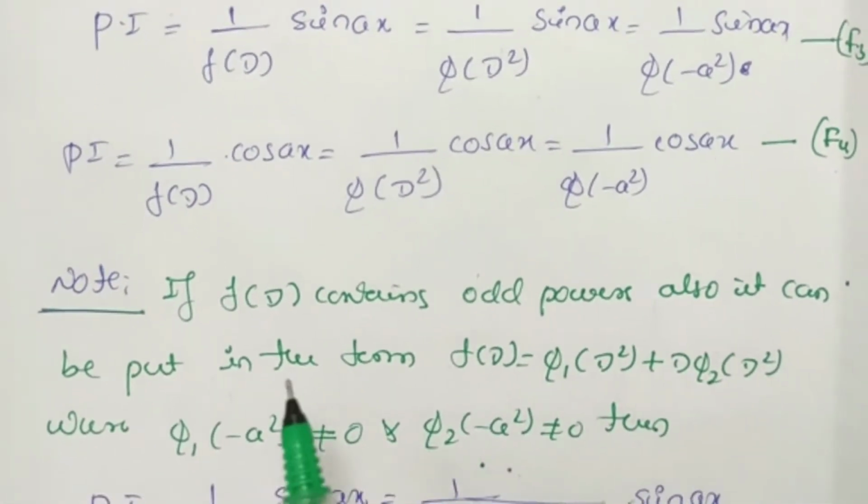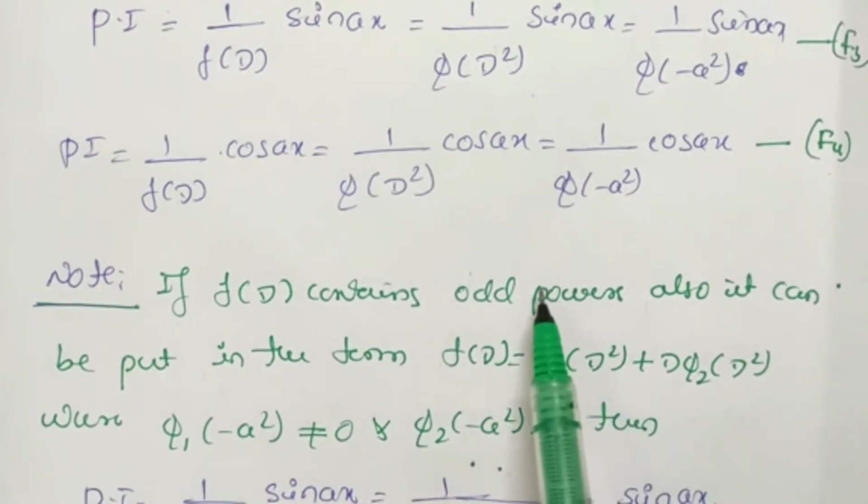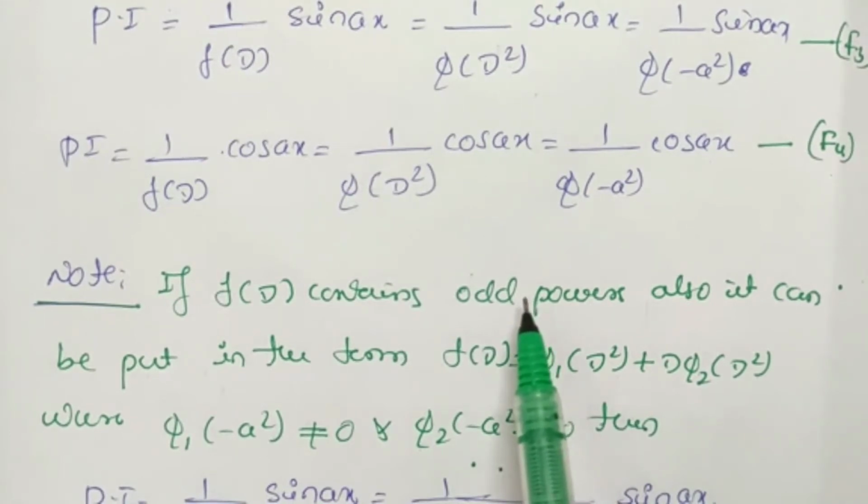Take one note. If f of D contains even powers, so if it is D square, then we can have D square. If it is D4, then we can take this one as (D square) whole square.